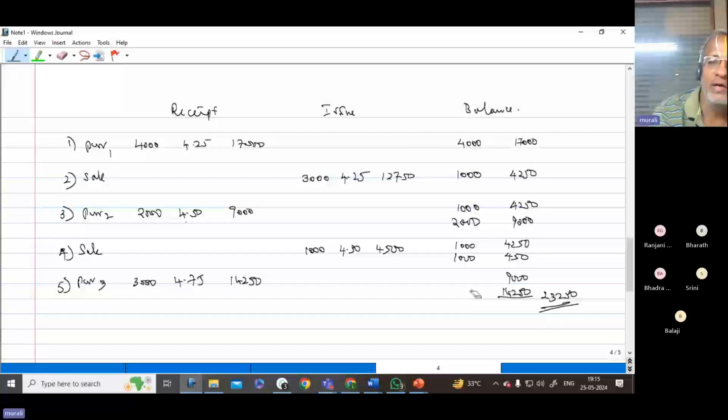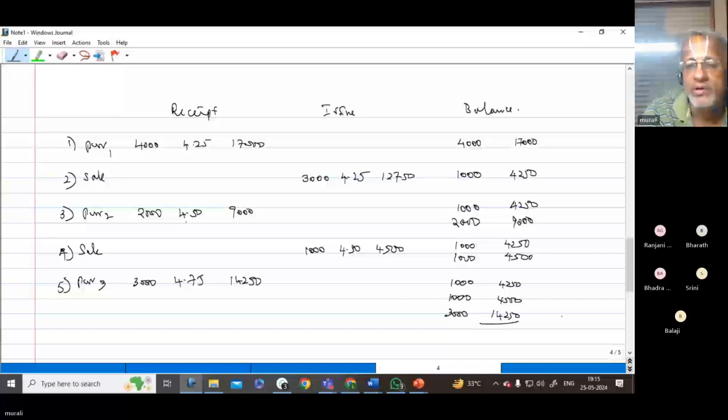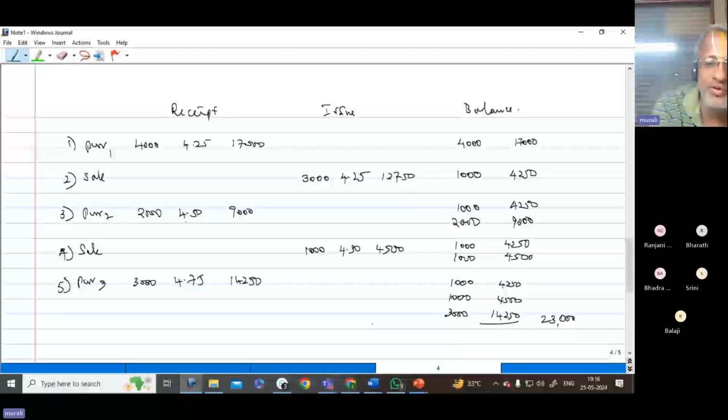So here, how will this item appear? 1,000, 1,000 and 3,000. 4,250, 4,500 and 14,250. What is the total that you would be getting? 23,000. What will be your cost of goods sold?